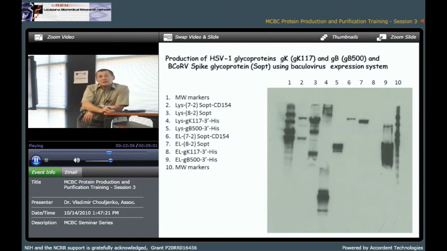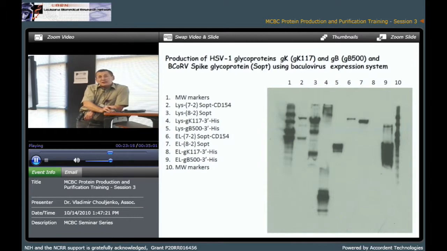You have very nice expression for GB500. And the most interesting part is this protein, which is GK. The difference between this GK and our previous one, when we expressed 82 amino acids, is that in this case we have the entire amino terminus of GK. It's close to 117 amino acids.